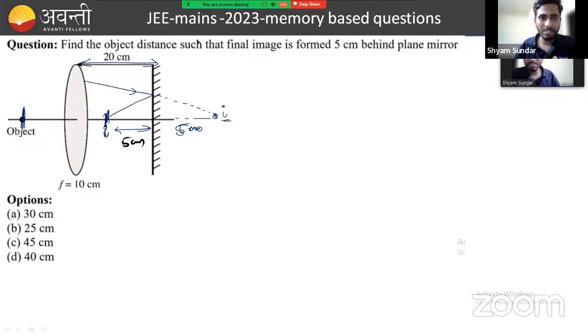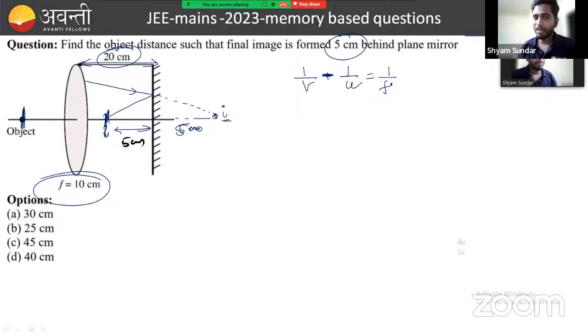Here the focal length they gave is 10 centimeter. It is enough to find the object distance. How? 1 by v minus 1 by u is equals to 1 by f. This is the lens formula. Take minus 1 by u to the right hand side. Then it will become 1 by v minus 1 by f is equals to 1 by u.